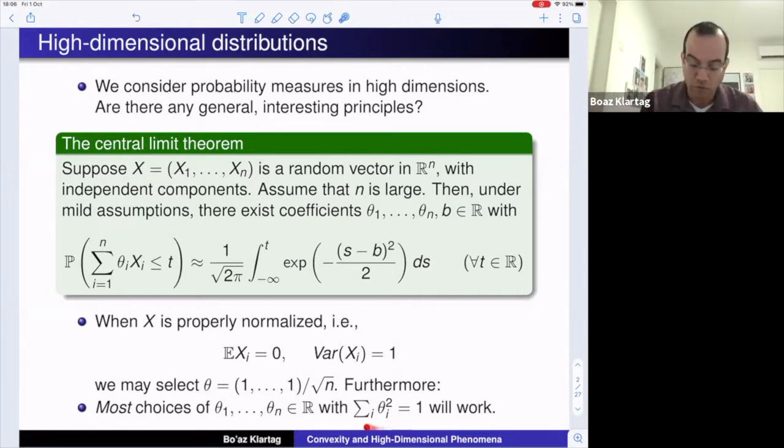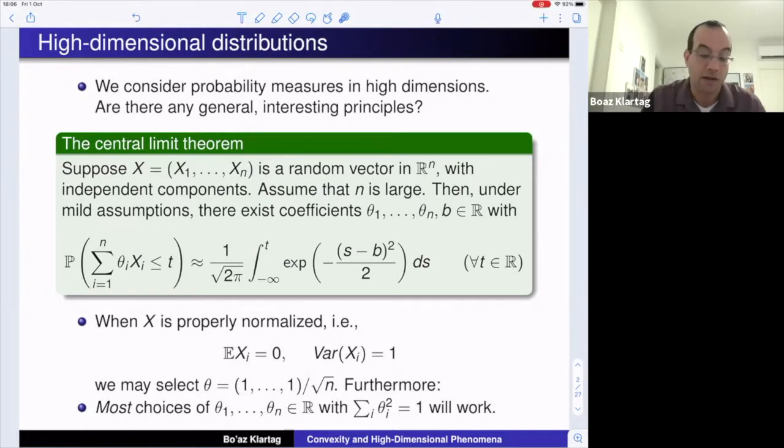So it makes sense to take coefficient vectors on the unit sphere, the sum of theta_i squared equals 1, because this way you get a random variable of variance 1. And if you look at the appropriate bound on the variances or something of this sort, you would see that for a typical choice of vector of coefficients, if you look at the scalar product of X with theta, this sum of theta_i times X_i, you get approximately a Gaussian distribution.